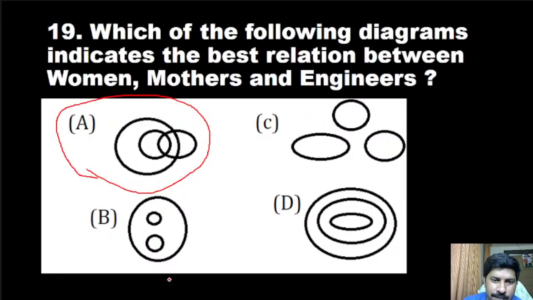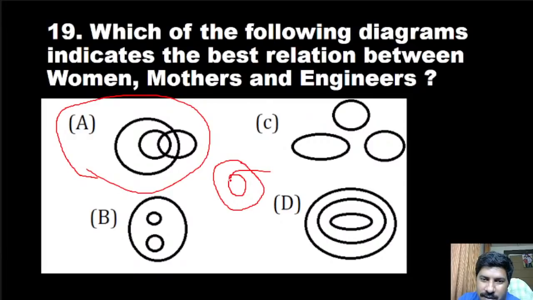I will explain to you. So, first we can consider all the women. The first circle is for women. This is the first, bigger circle. Inside all women, all mothers are women. So inside that, we can consider a smaller circle for mothers, because all mothers are women. But at the same time, there is another term, engineers.